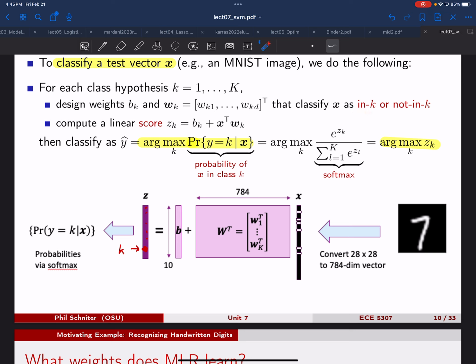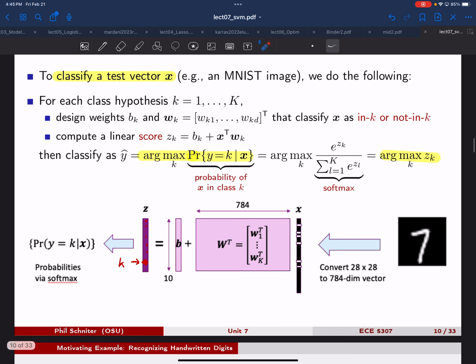It's like a linear classifier for that binary problem. And X is the test data? Yes, X is the test data, and Z would be the test score. We want to make a Z vector where the largest value is the one for the correct class.